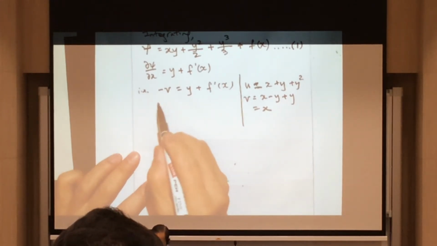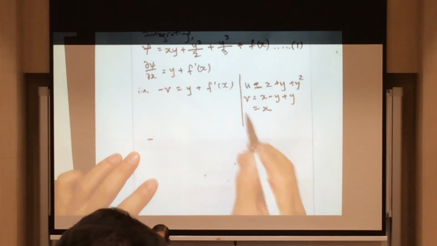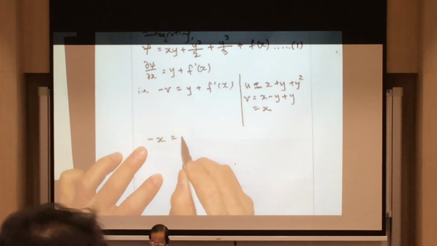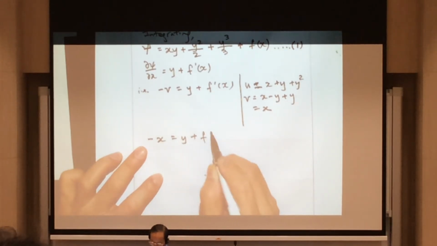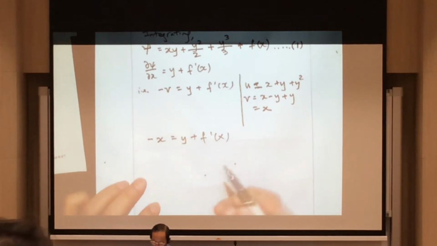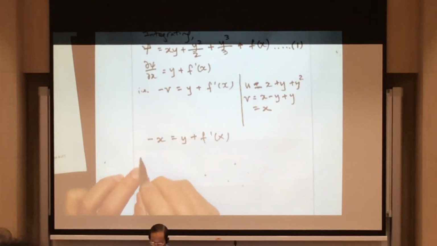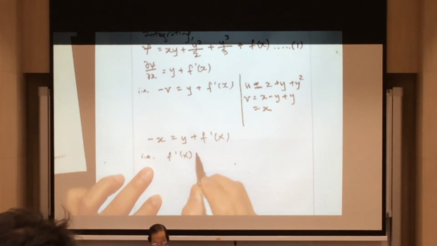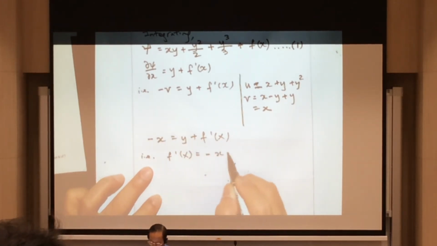Since d equals x, minus d equals minus x. So minus x equals y plus f prime x. Or in other words, rearrange: f prime x is equal to minus x minus y.